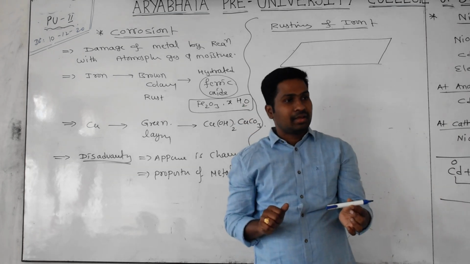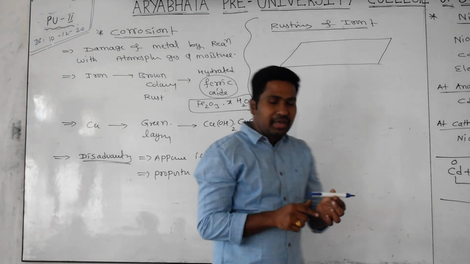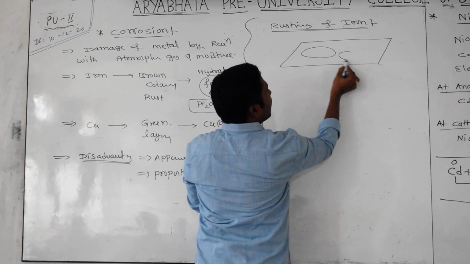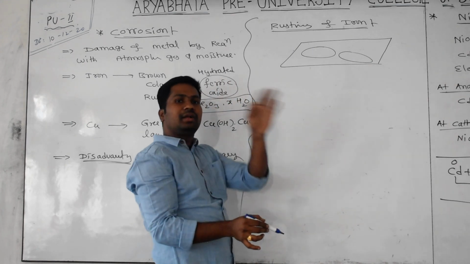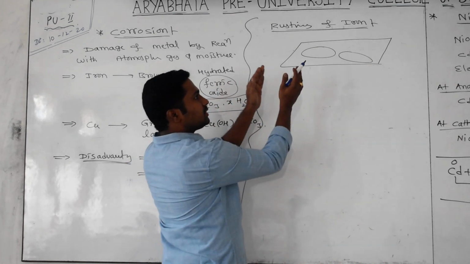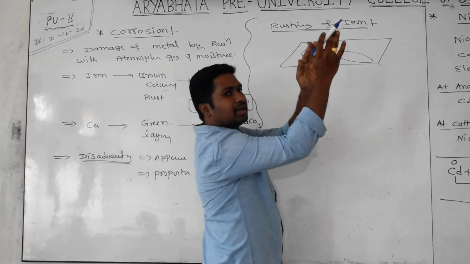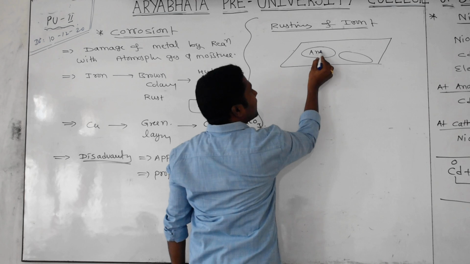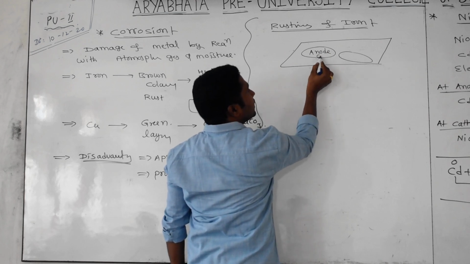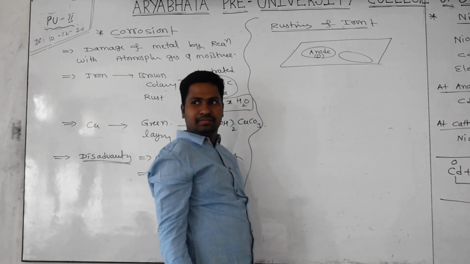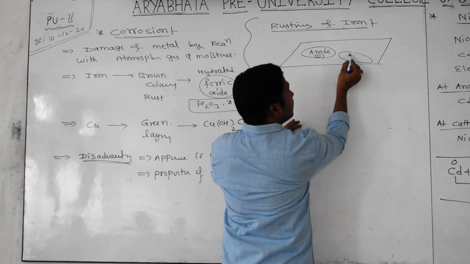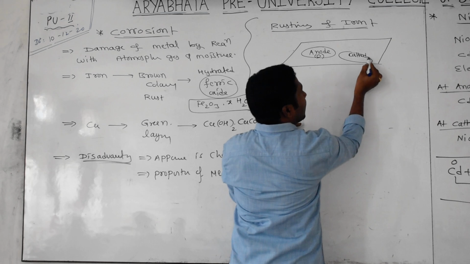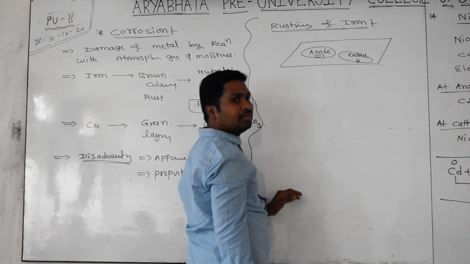Why? Because the metallic surface will be dividing into anode region and cathode region alternatively. Some region is acting as anode, some as cathode, like that it will be going on. Wherever the region is acting as an anode, there oxidation is taking place. Where a region acts as a cathode, there preferentially reduction happens.